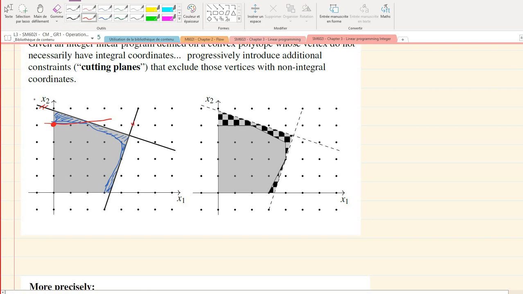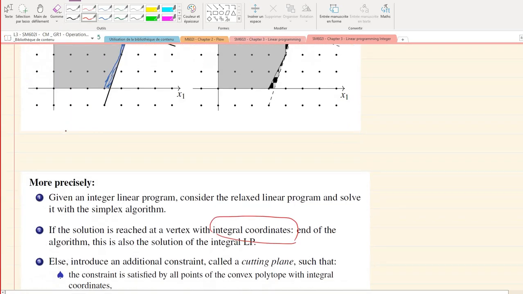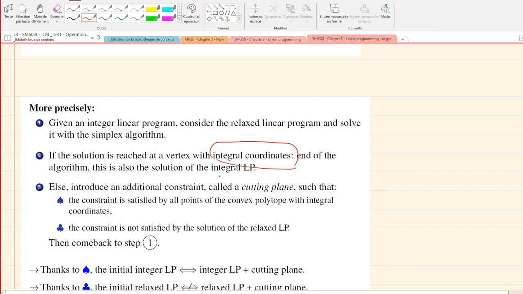So if you have two conditions representing these two straight lines, then adding a straight line will be like adding a constraint. That's why we're saying here, if your solution is not integer, then you introduce an additional constraint, which I call the cutting plane, such that what should this constraint satisfy?